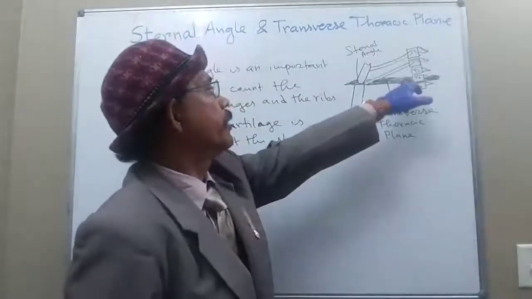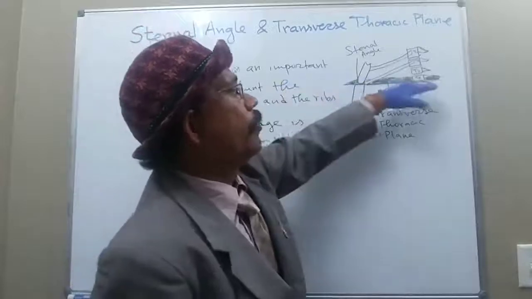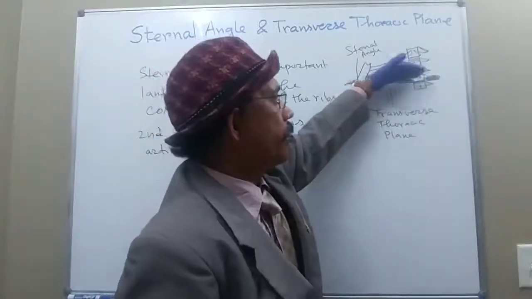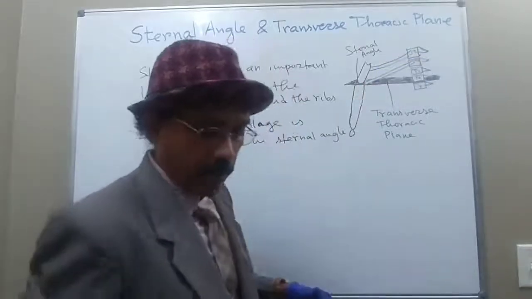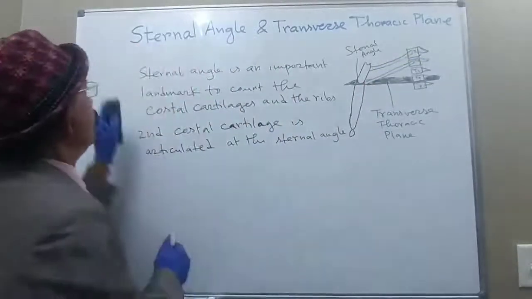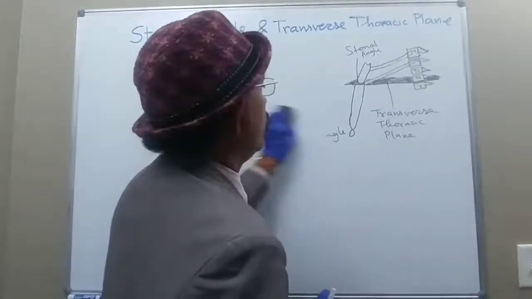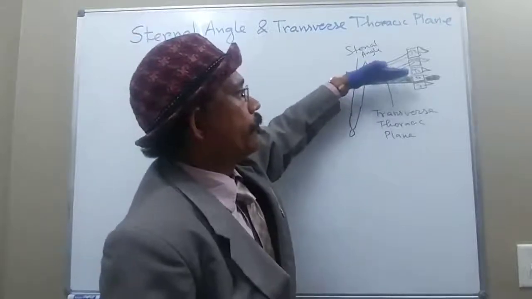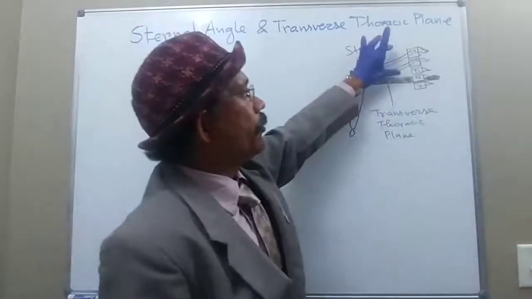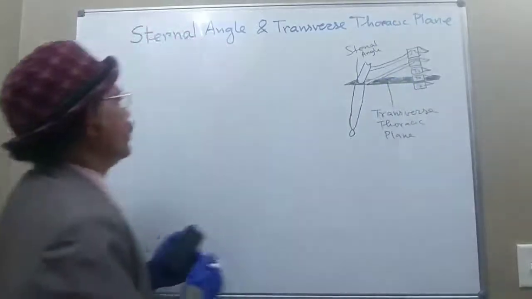Then we follow the transverse thoracic plane that goes from the sternal angle to the lower border of T4 and the intervertebral disc between the T4 vertebra and T5 vertebra. This plane demarcates the superior mediastinum from the inferior mediastinum.